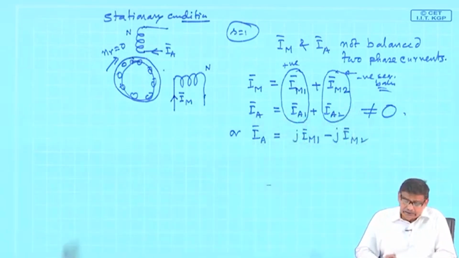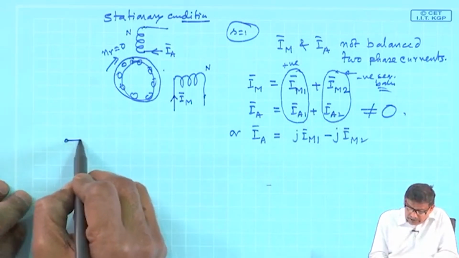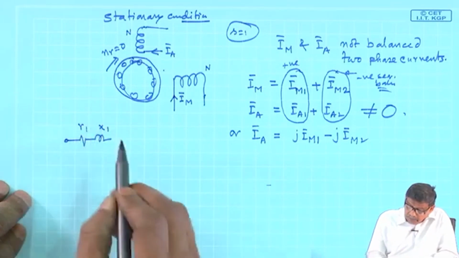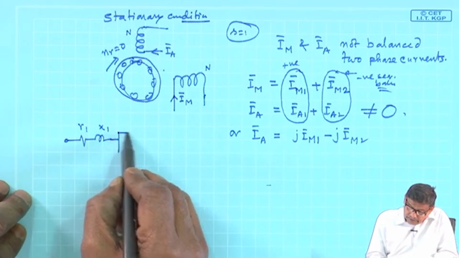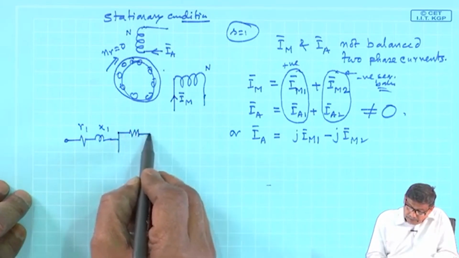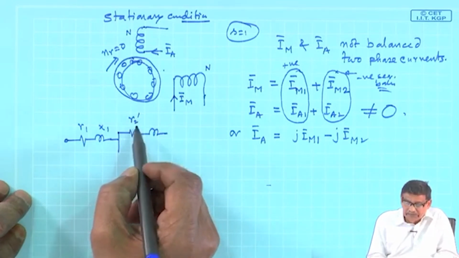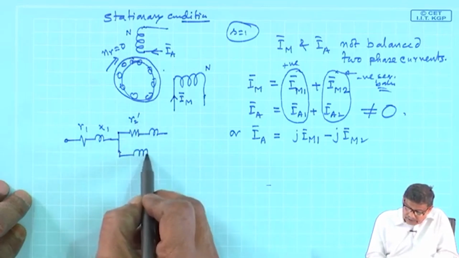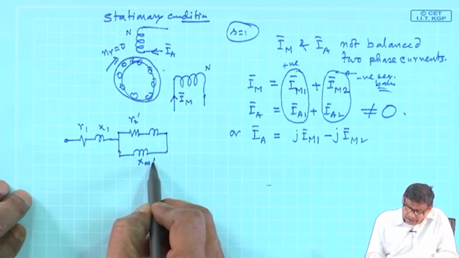Now, the question is, in the first place, the equivalent circuit of the forward motor: R 1, X 1, this is R 2 dashed by 2, and this is X m by 2.